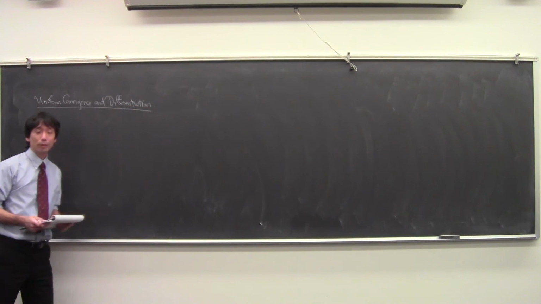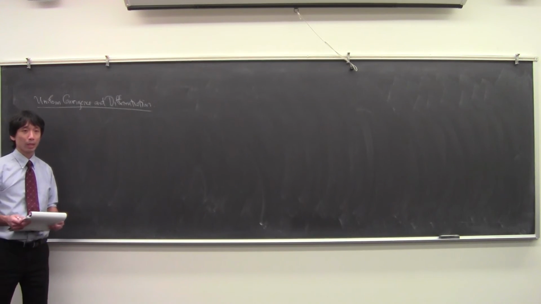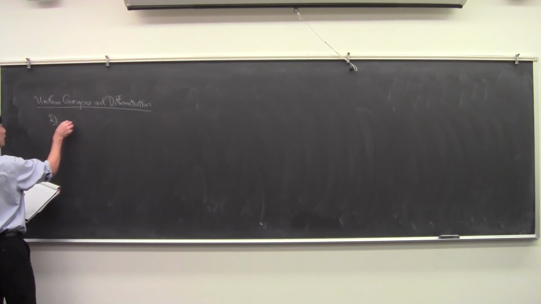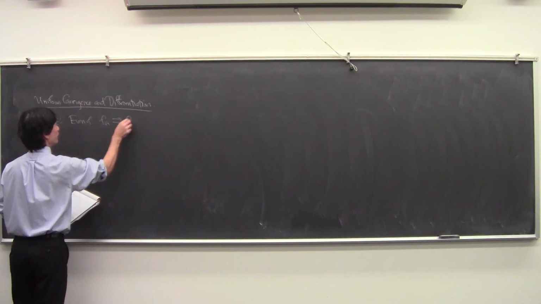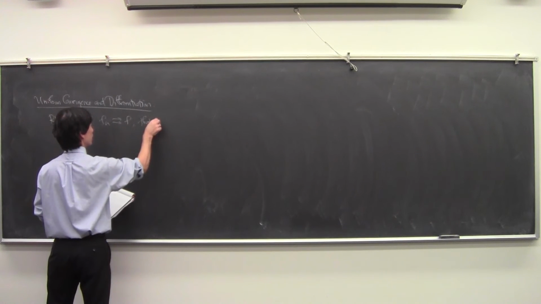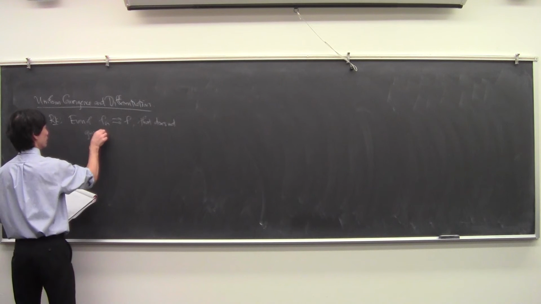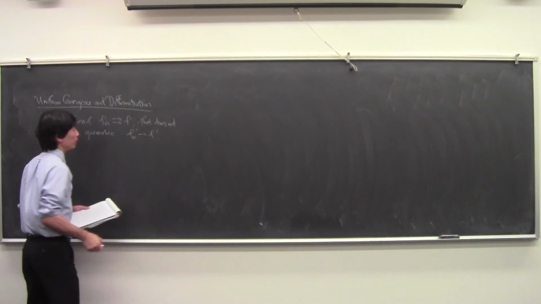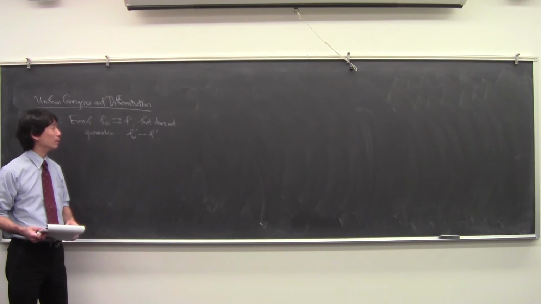Okay, so if you look at the example that we gave earlier, it actually shows that even if fn converges to f uniformly, that does not guarantee that fn prime converges to f prime. That the limit of the derivatives converges to the derivative of the limit.